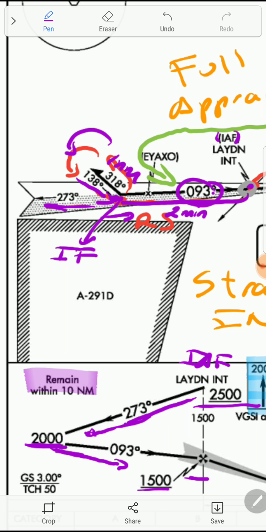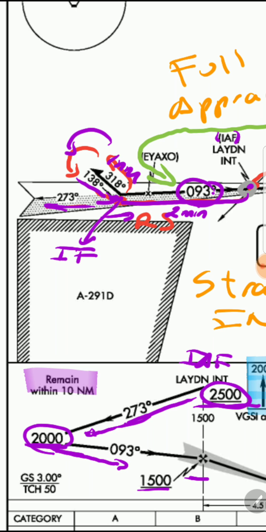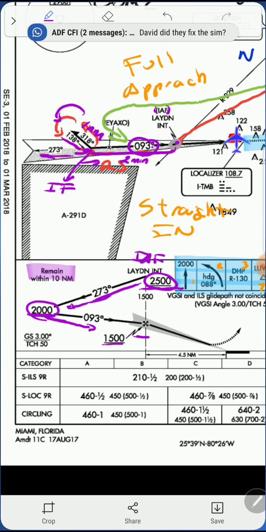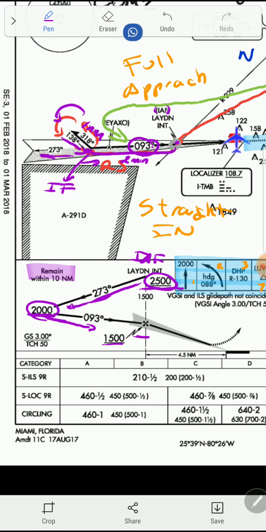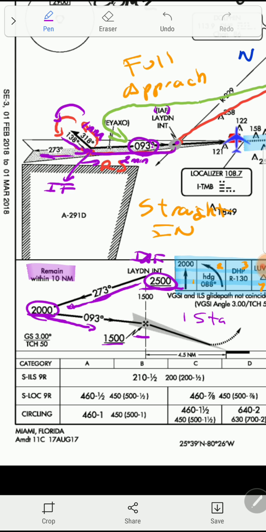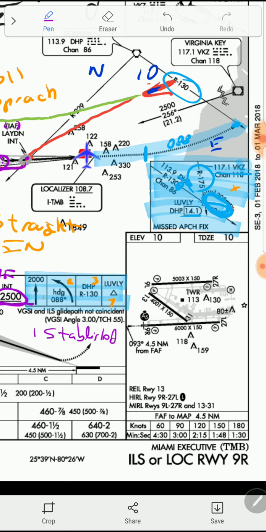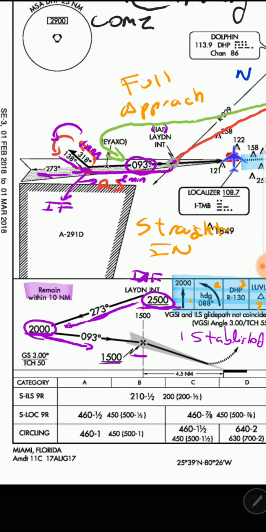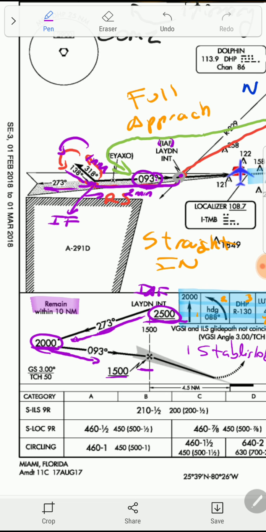Now, when can I start descending from this altitude or from this altitude down here? You have to comply with two main things. The first thing is, you need to be established on a segment of an approach, which means you can be on the transition segment, you can be on the initial segment, you can be on the intermediate segment, which is down here, you can be on the final segment, you name it, any approach segment.